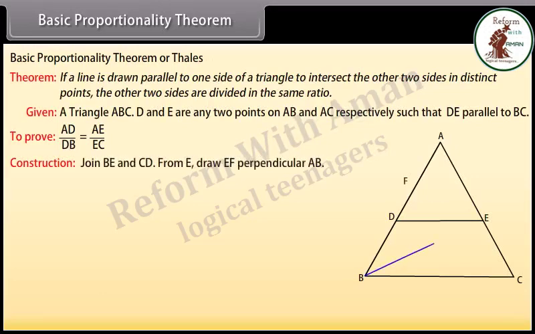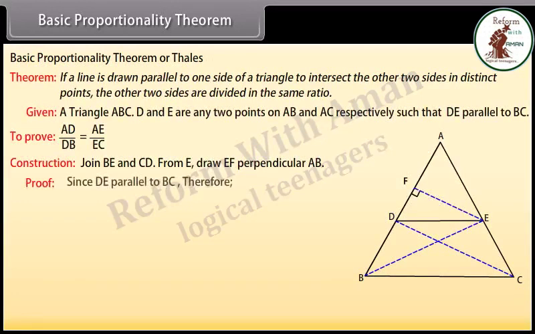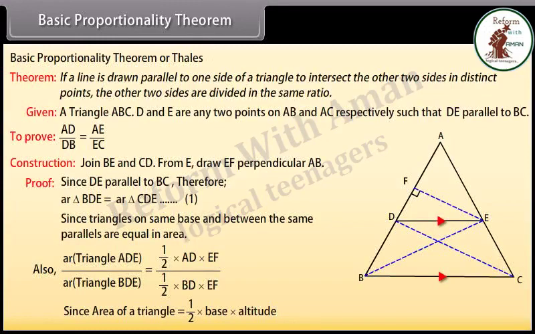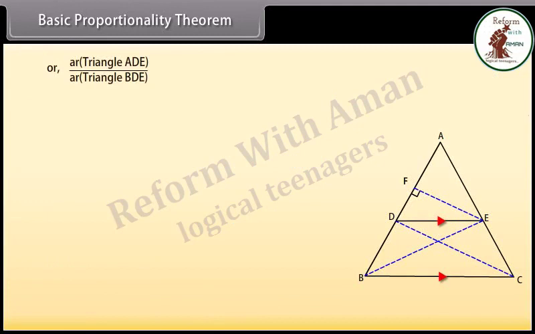Construction. Join BE and CD. From E, draw EF perpendicular to AB. Proof. Since DE is parallel to BC, the area of triangle BDE equals the area of triangle CDE. Mark it as 1. Since triangles on the same base and between the same parallels are equal in area, and since the area of a triangle is 1/2 into base into altitude, area of triangle ADE/area of triangle BDE is equal to AD/BD.